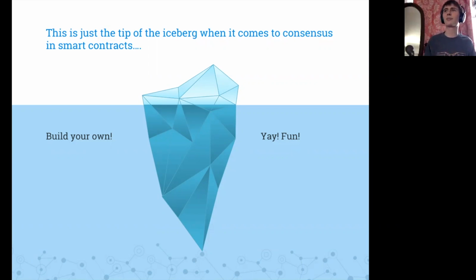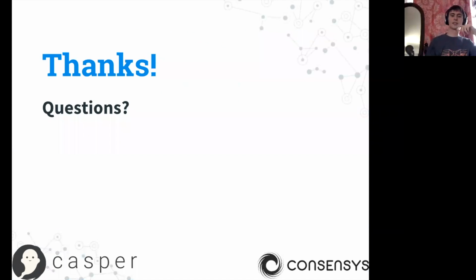So this is not just consensus on a blockchain. That's just the first most pressing application, but we need consensus on decision making and consensus on every other thing. So yeah.